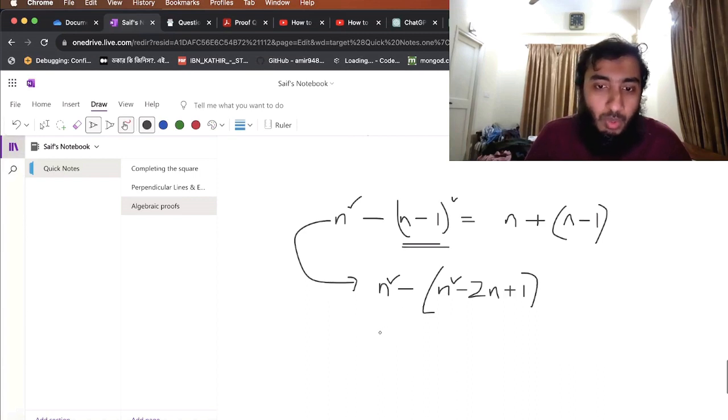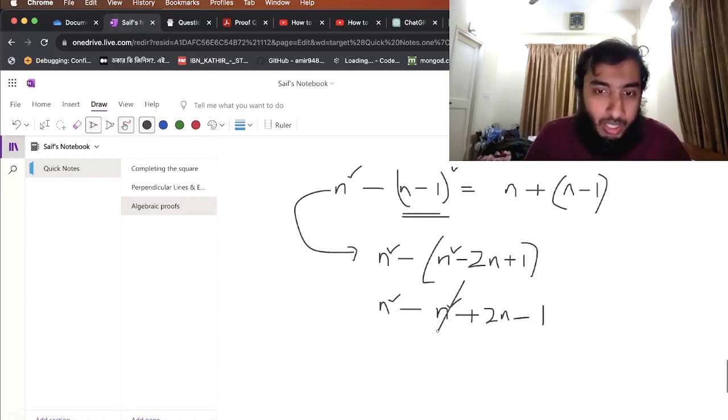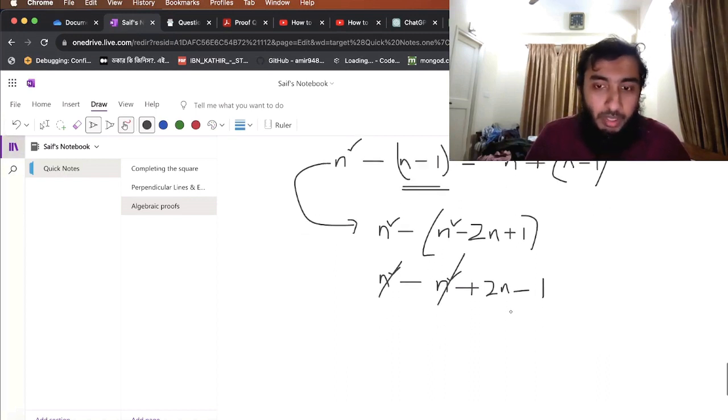So this is n² − (n² − 2n + 1). If we take out the brackets, it will be n² − n² + 2n − 1. So we can cancel the square terms, and we get 2n − 1, which we can also write as n + (n − 1).